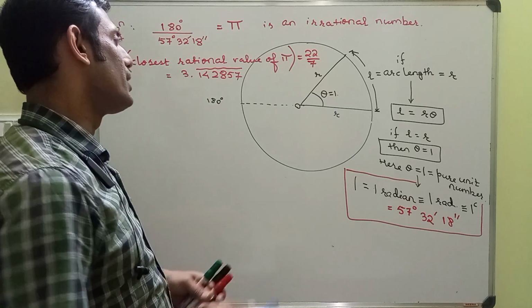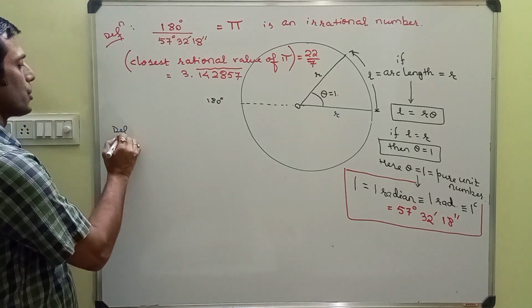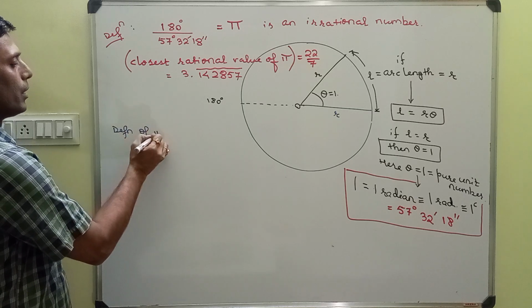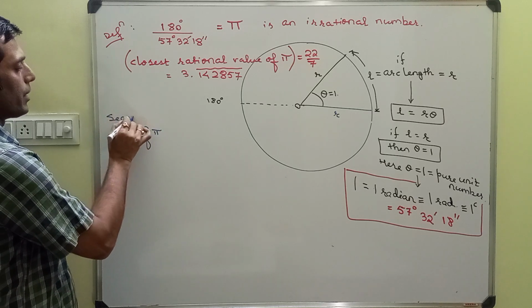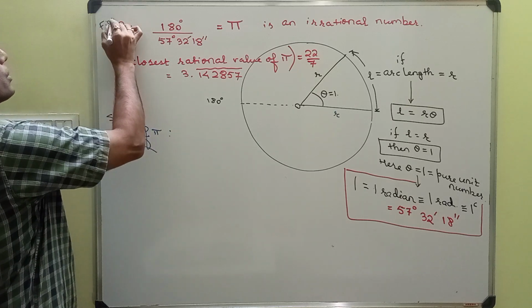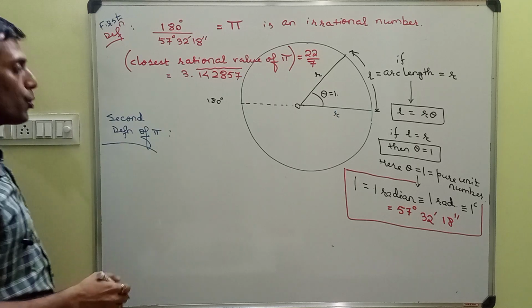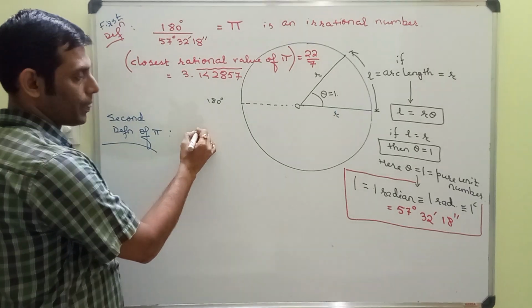The second idea of defining pi is the second definition of pi. Now the second definition of pi goes like this.